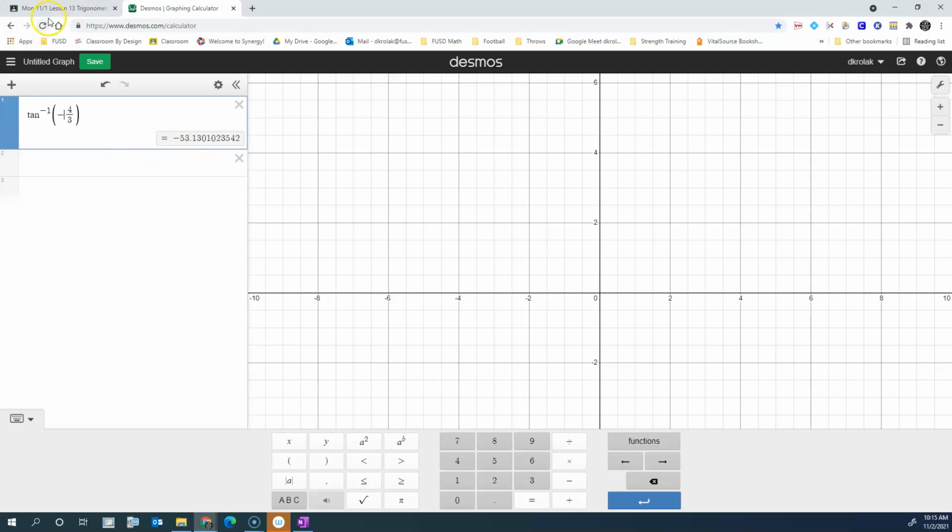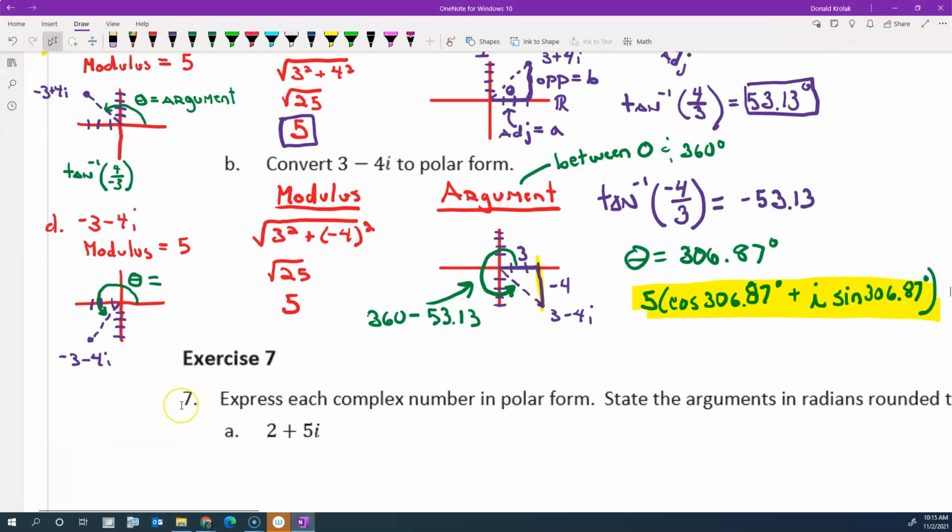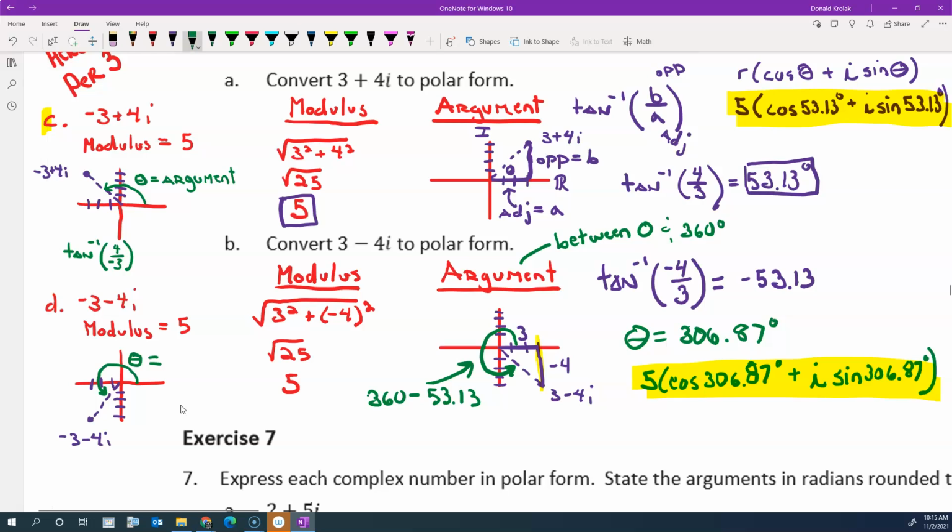Okay? So what you got to do on this one, okay, if you did this on your calculator, you'd get the -53 again. And then you got to use that to get the angle that you're looking for.